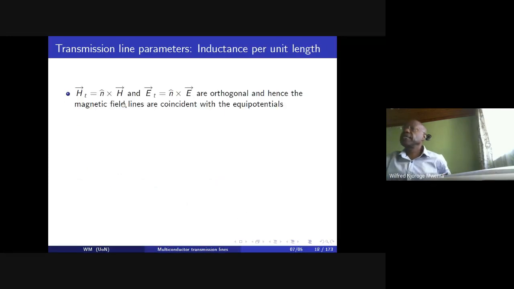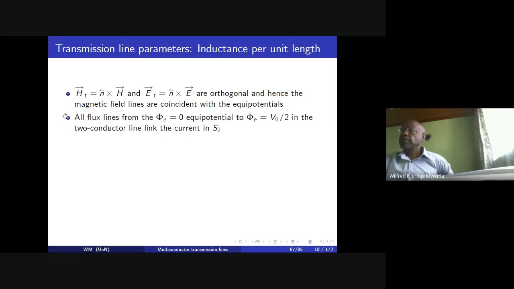So the tangential component of H and the tangential component of E are orthogonal, and hence the magnetic field lines are coincident with the equipotentials of the electric field. All flux lines from the phi_E equal to 0 equipotential to phi_E equal to V0 by 2 in the two-conductor line will link the current in S2 alone.